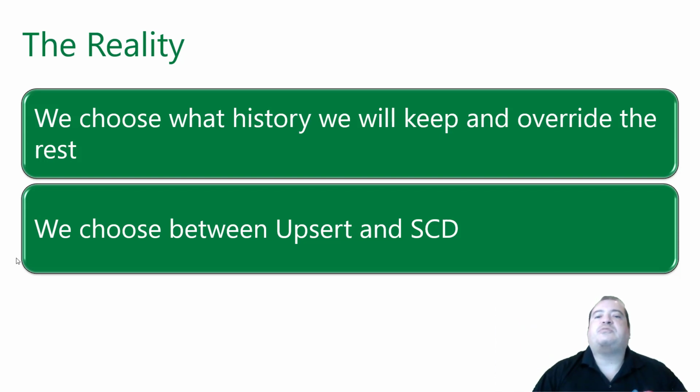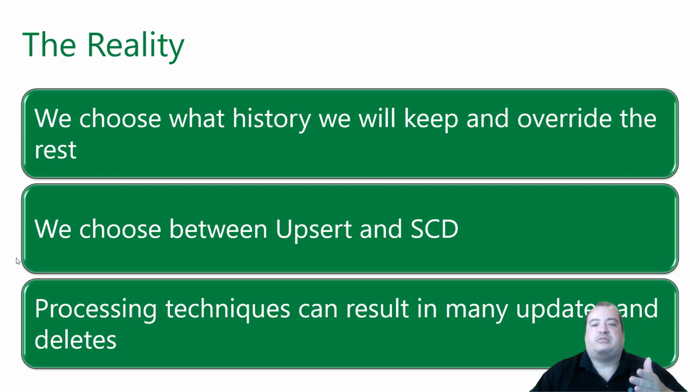Or we use a technique which is called slowly changing dimension. In a slowly changing dimension we keep the history. The new version of the record which arrived becomes a new record. So we keep the history. It's a choice that we make.